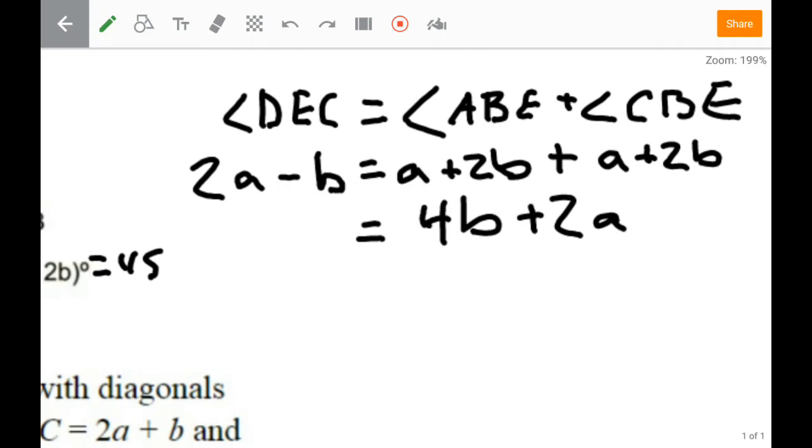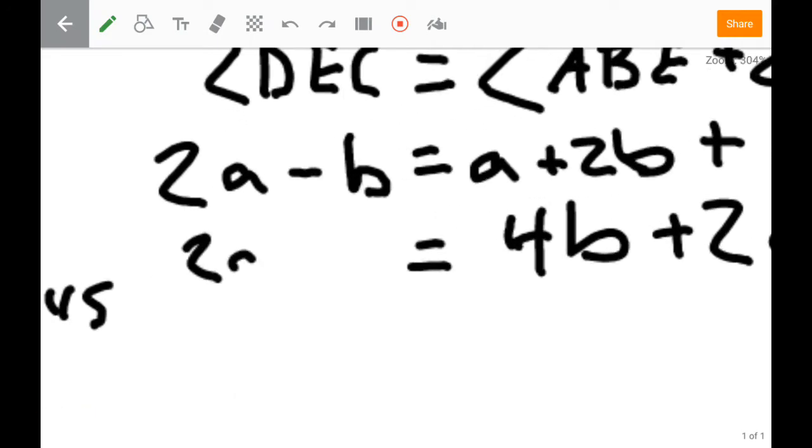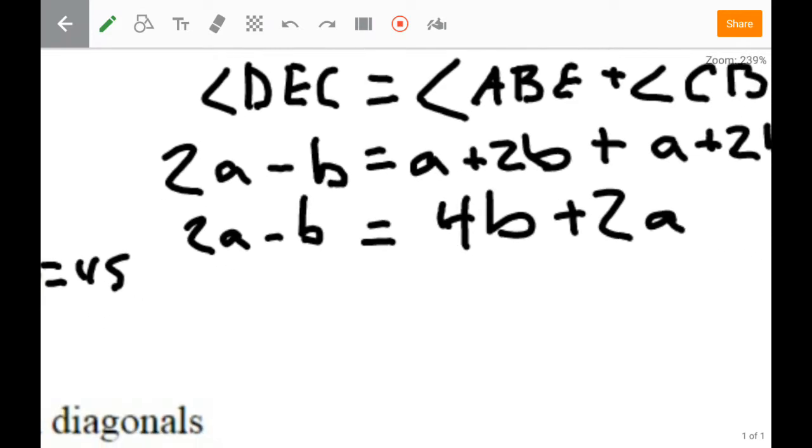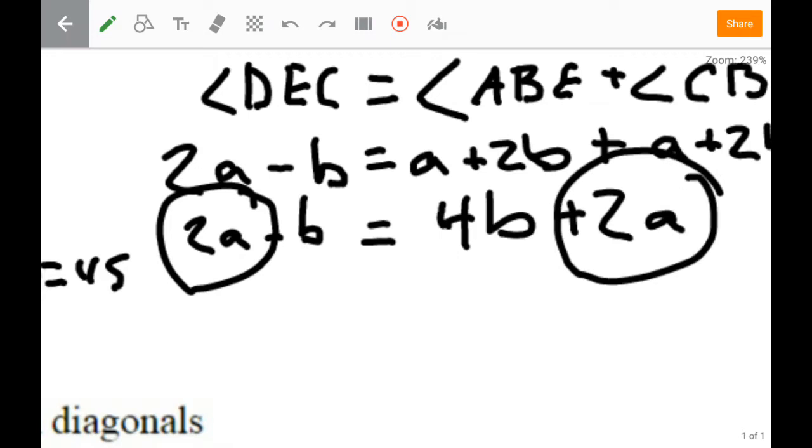And then on the left-hand side, you can rewrite it. Now, notice what's the same on both sides, the 2a and 2a. When you combine those together, they're going to cancel each other out. They're the same thing, but going to be opposite signs after you subtract 2a from both sides. So they cancel each other out. We're left with negative b equals 4b.